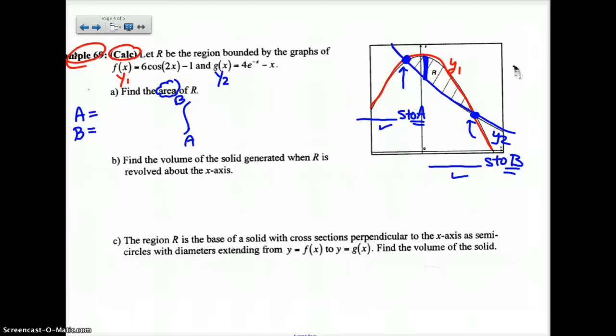I would almost say you might even just want to write those functions down, but when you're doing them on your calculator, use y1 and y2. What I mean by that is my top function here, the red one, is 6 cosine 2x minus 1. I need to take that function and I need to subtract the lower one, which is the blue one, e to the negative x minus x.